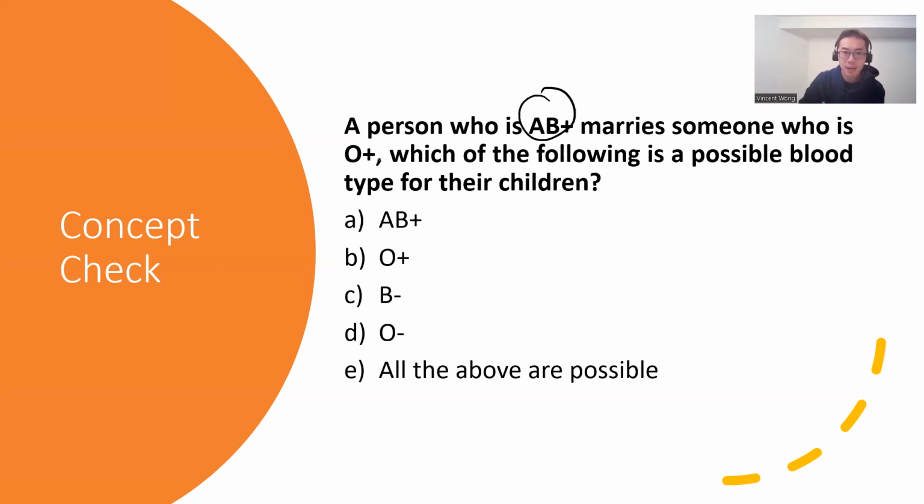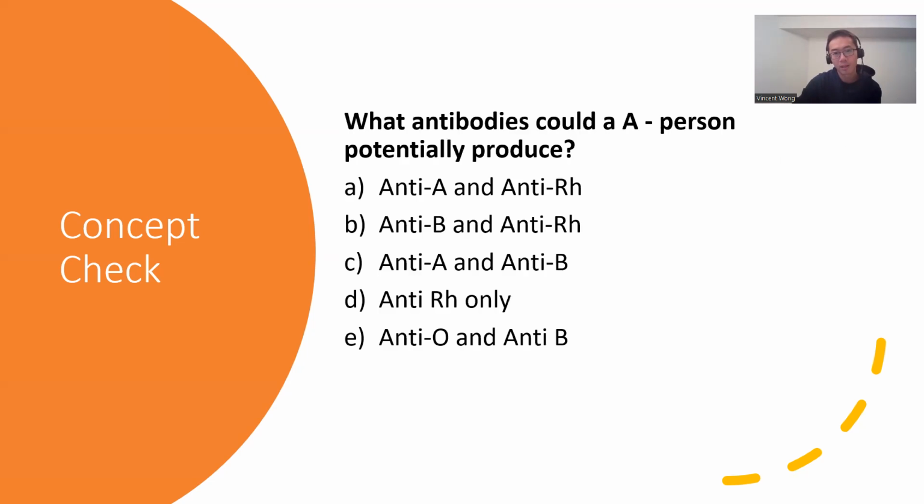A person is AB positive, marry someone who's O positive. Which of the following is possible blood type? AB people cannot have O. O people cannot have AB. Done. Right? So on your cheat sheet, along with the transfusion, maybe write down the 4 statements as well. Ideally you would memorize them, but if it helps to write it down, then it helps.